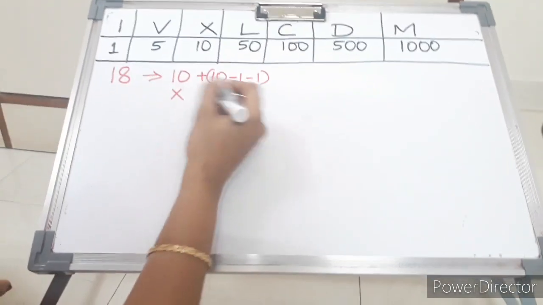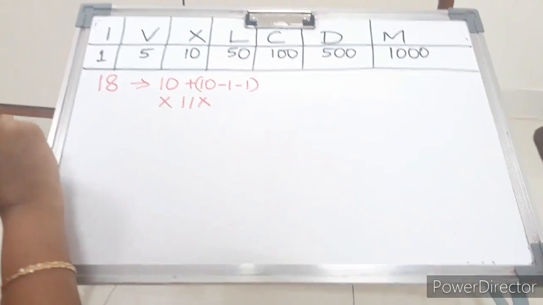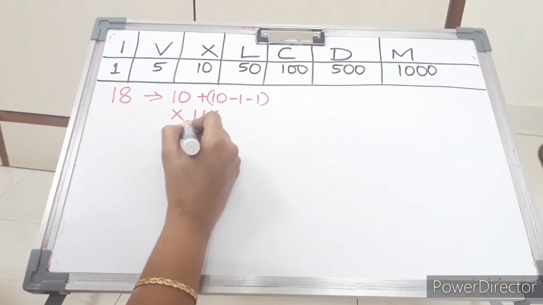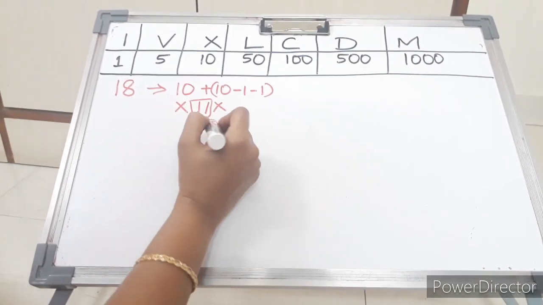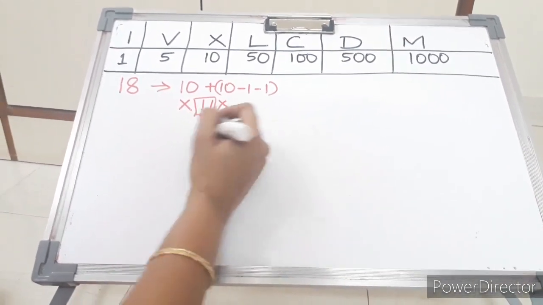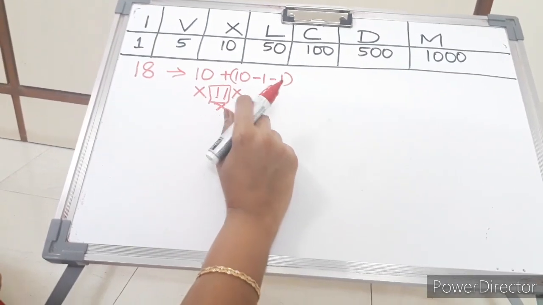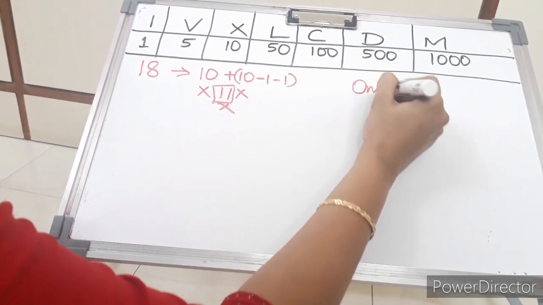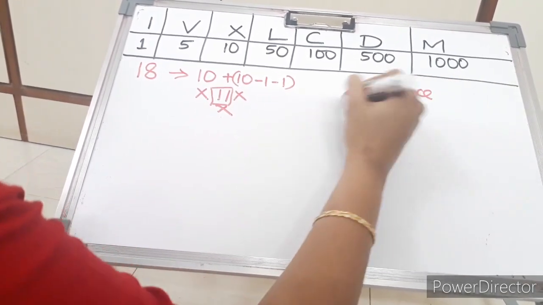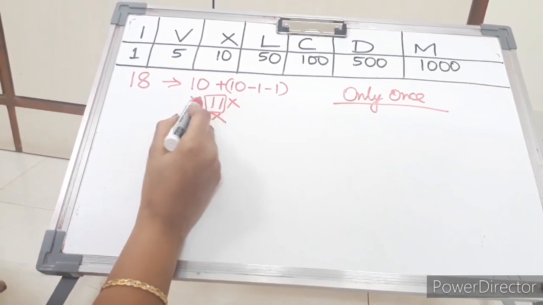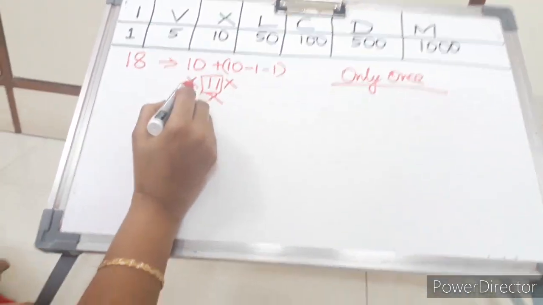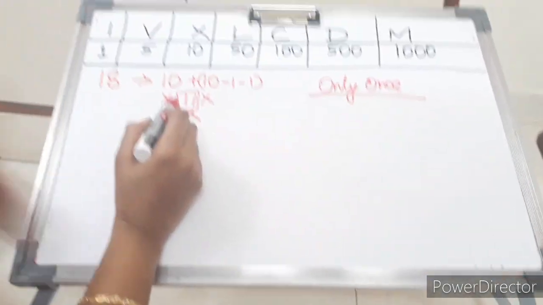10 and 2 times subtraction of smaller value, so we will write here. So here friends, this is wrong. Now here comes our fourth rule: subtraction of a smaller value is done only once. So we cannot go on subtracting to the left any of the symbols more than one time.